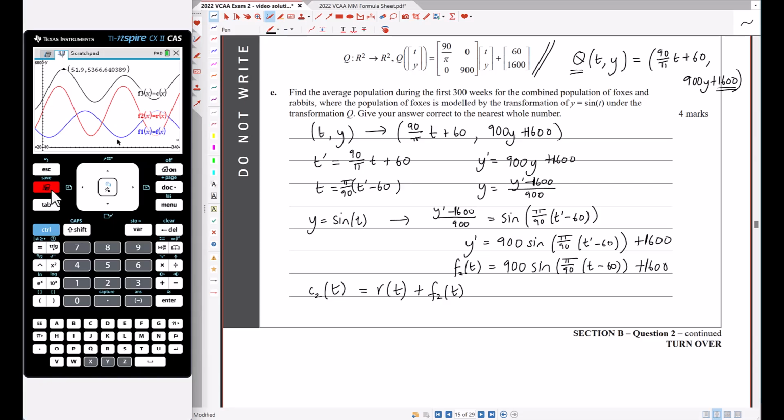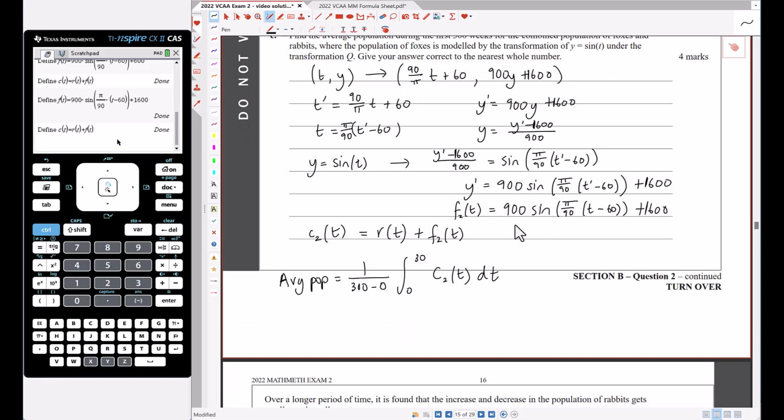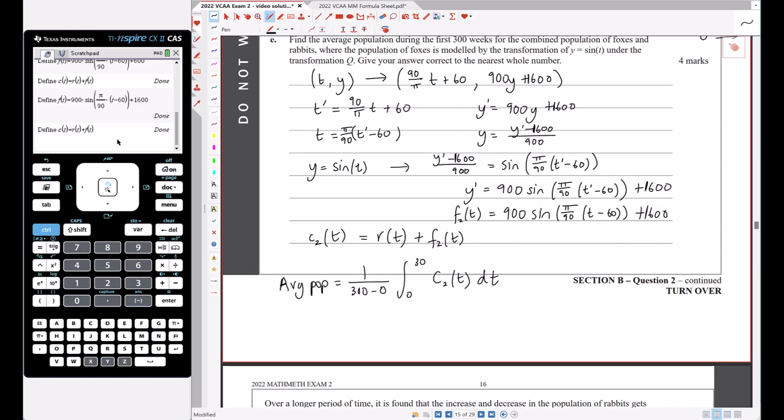So we want, in this question, to find the average population during the first 300 weeks for the combined population of foxes and rabbits. So we want the average value between 0 and 300. It's going to be this. We need our new combined population. Okay, so nearest whole number.